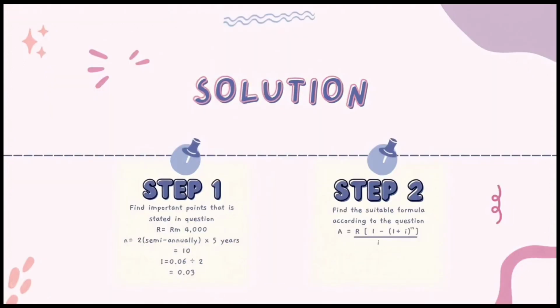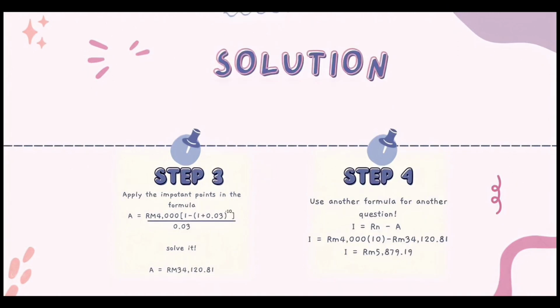Moving on to the next step, we have to find the suitable formula for this question, which is the present value formula. On the third step, we apply all the important points that we get from the question into the formula and solve it. For the last step, we have to find the interest paid, so we need to use another formula, which is interest paid.